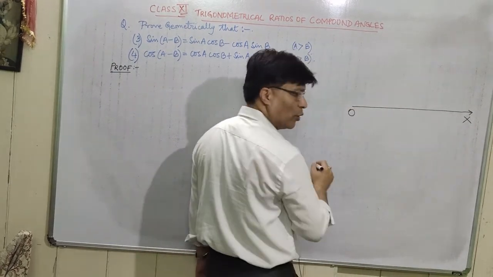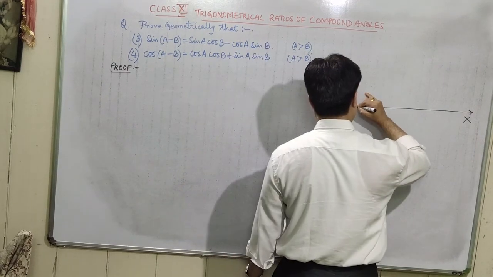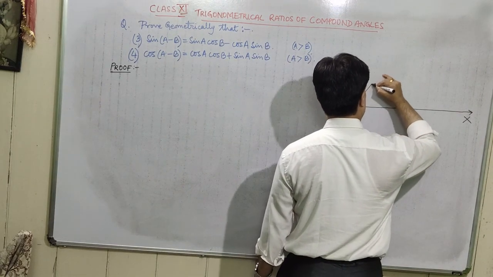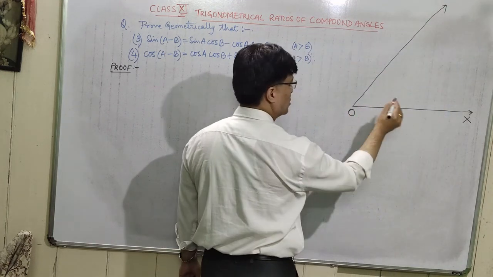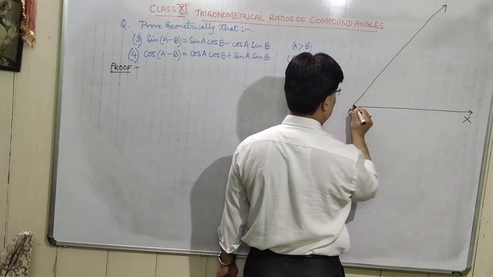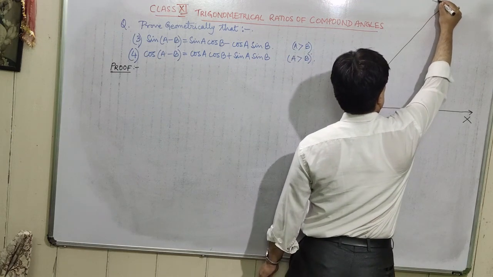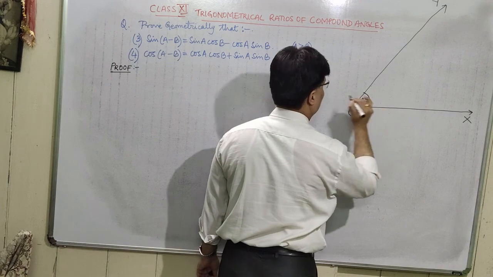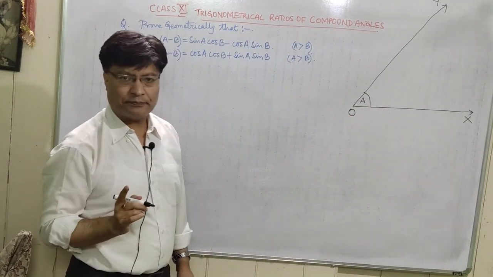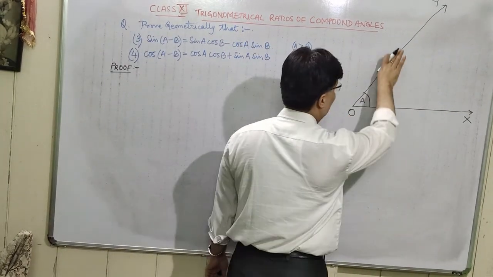Suppose this OX revolving line revolves and traces out an angle XOY, right? So XO, and this is Y, and traces out an angle A. Is that clear? And then again it revolves.